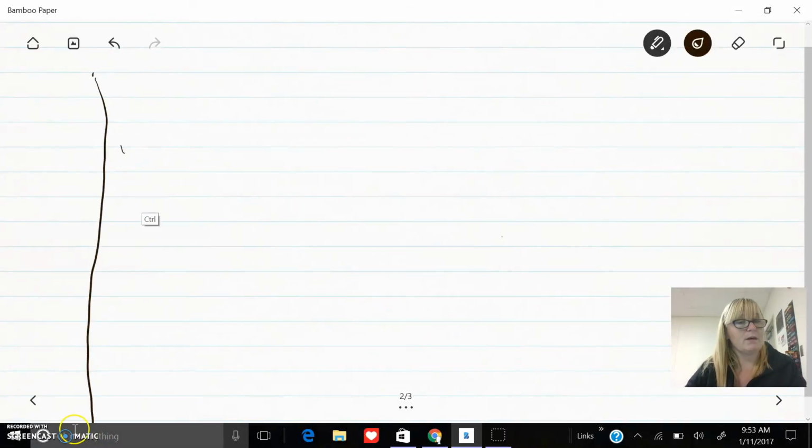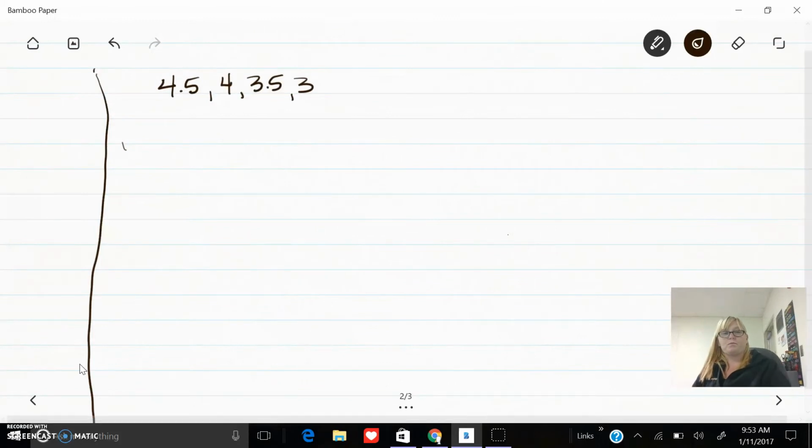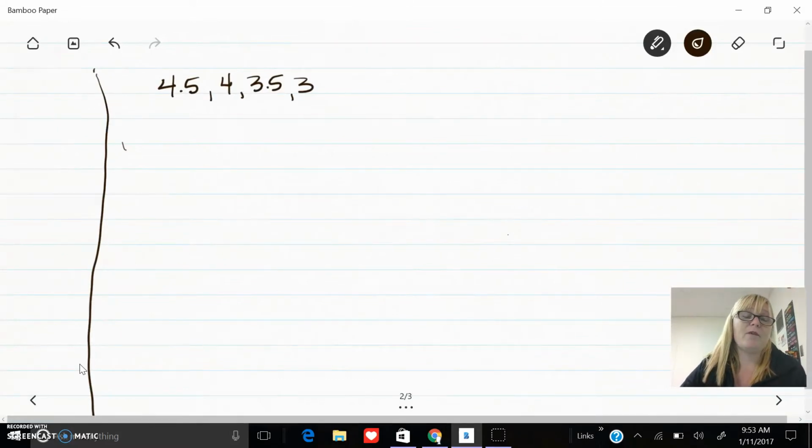All right, my next one is 4.5, 4, 3.5, 3. All right, so what do we notice about these numbers? We've seen them going up, right? And we know that that is addition or multiplication. But in this case, we're going down, 4.5 to 4, 4 to 3.5, 3.5 to 3.